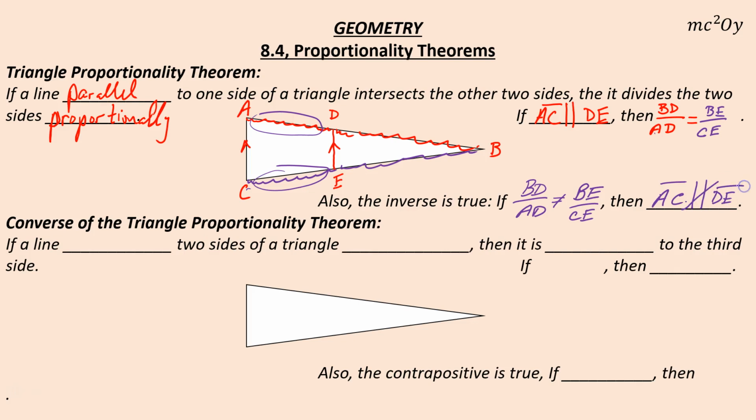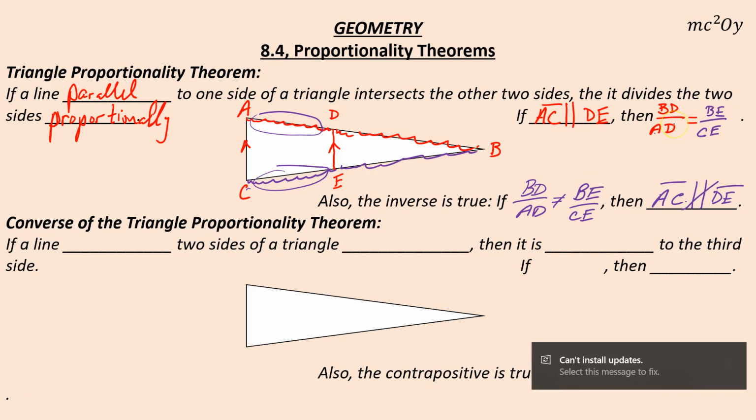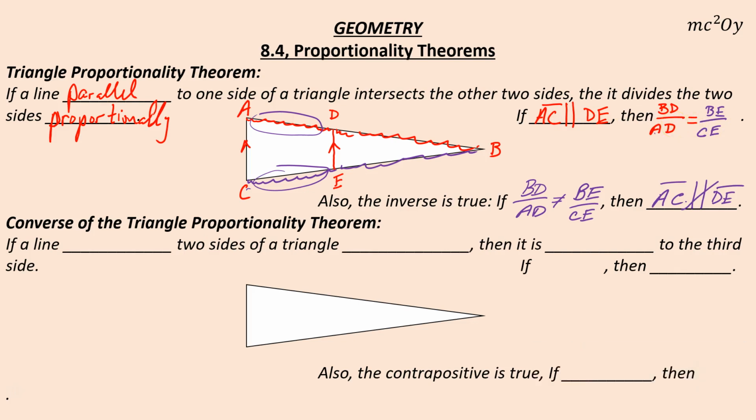So AC would not be parallel to DE. So if the two sides are parallel, then you have this proportionality situation. If your pieces are not proportional, then your two sides are not going to be parallel. It'll make a little more sense as we start practicing some of these.